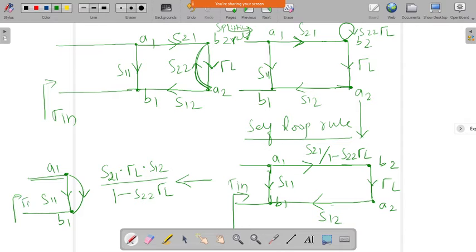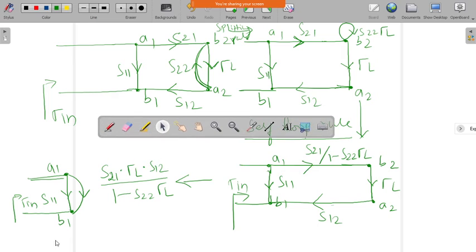Now we have the addition rule, where the branches emanate from the same node and go to the same node, so we can apply the parallel configuration rule.